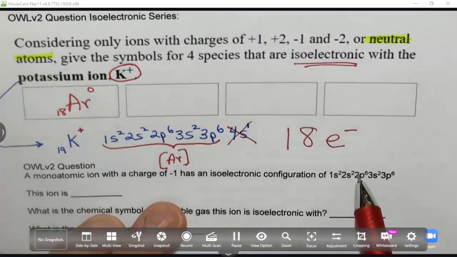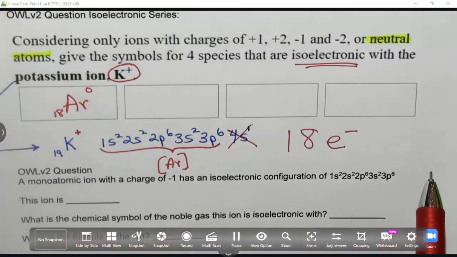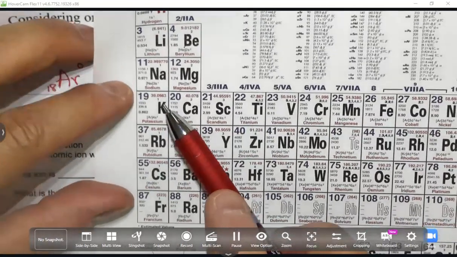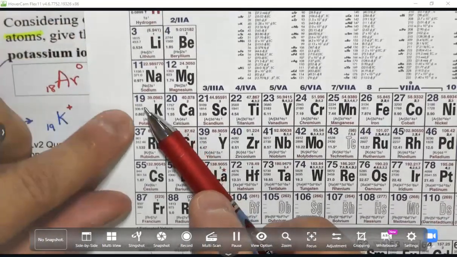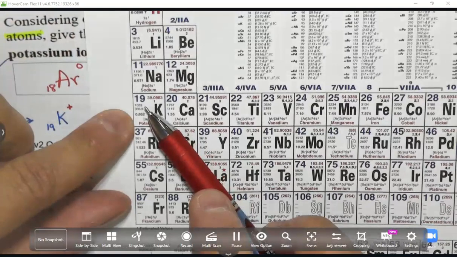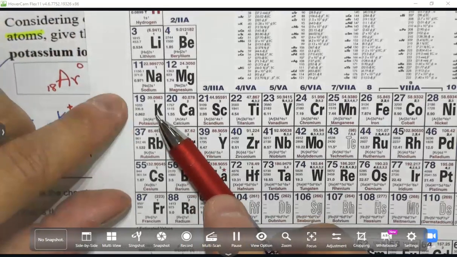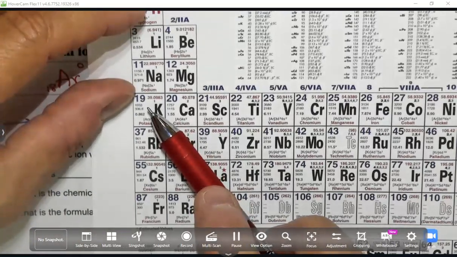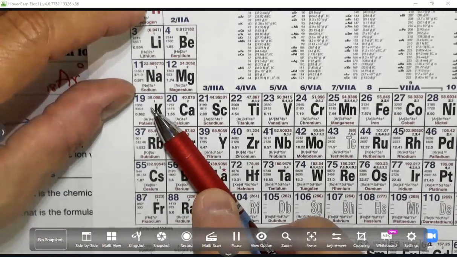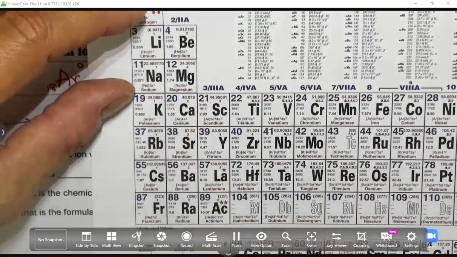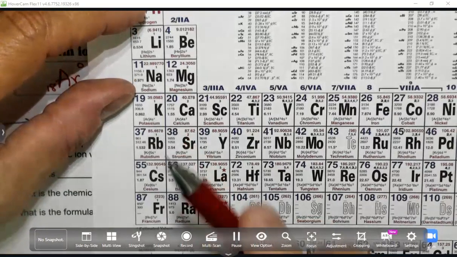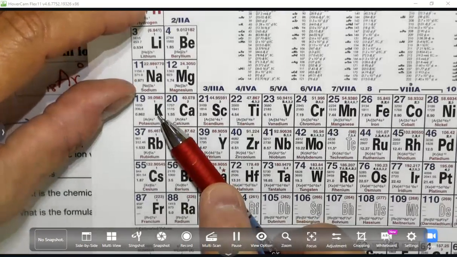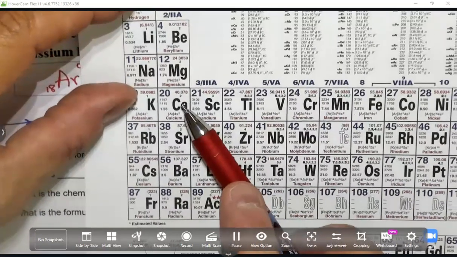Now, what ions are going to have 18 electrons? Let's go to our periodic table. The neutral potassium atom would have 19 electrons, right? The neutral potassium atom, what is it going to want to do? Get rid of 1 electron, right? So that's our example that we started with, K+, correct? What about calcium?